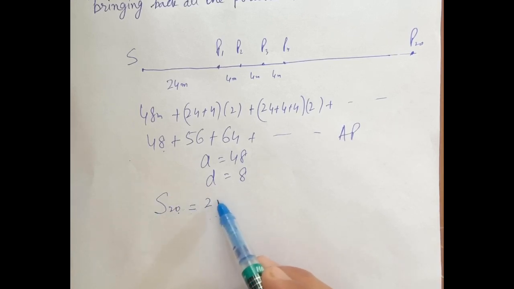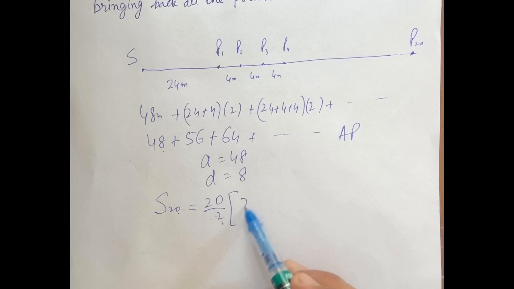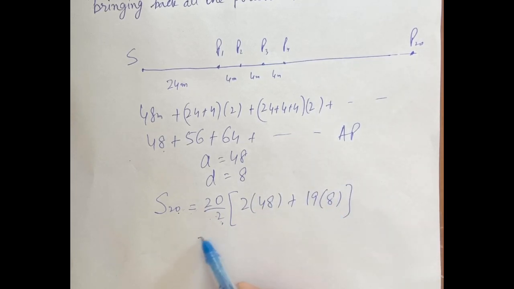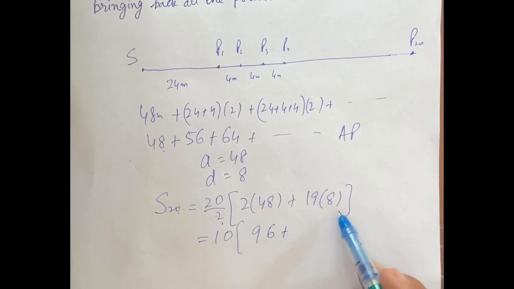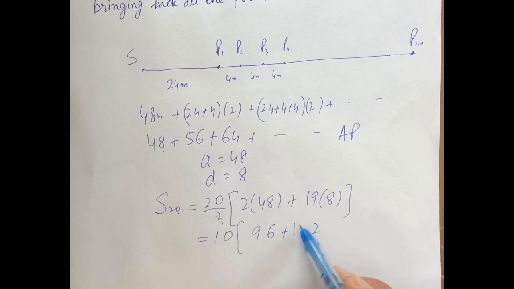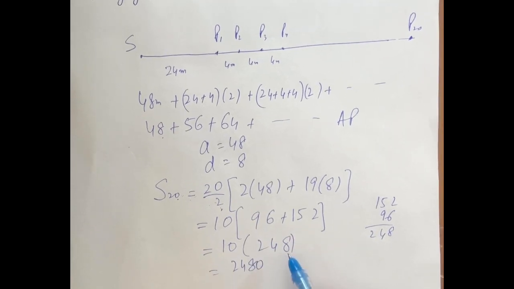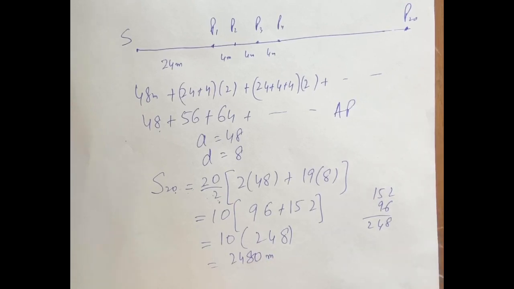So the sum of 20 terms is 20 upon 2 into 2a plus 19 into d, that's 10 into 96 plus 152, this is 10 into 152 and 96, this is 2480 meters. So this is the answer.